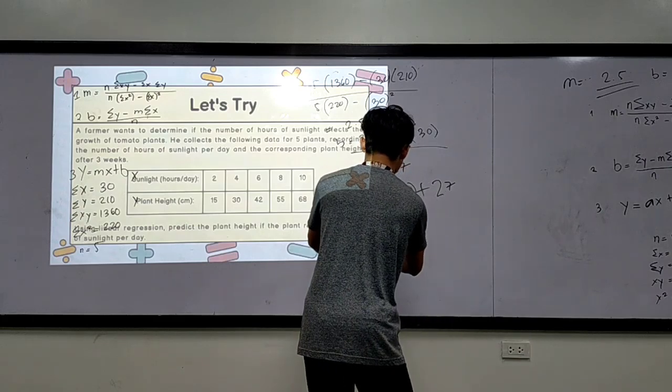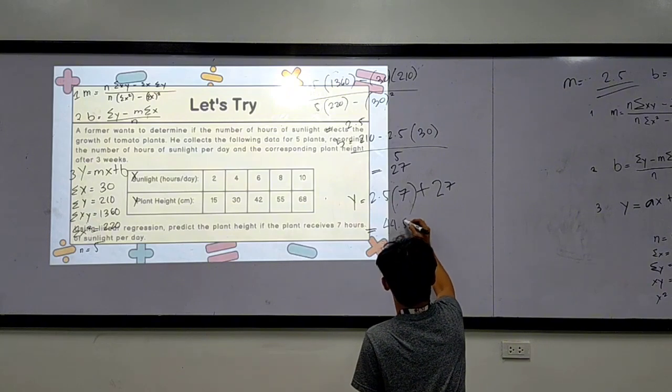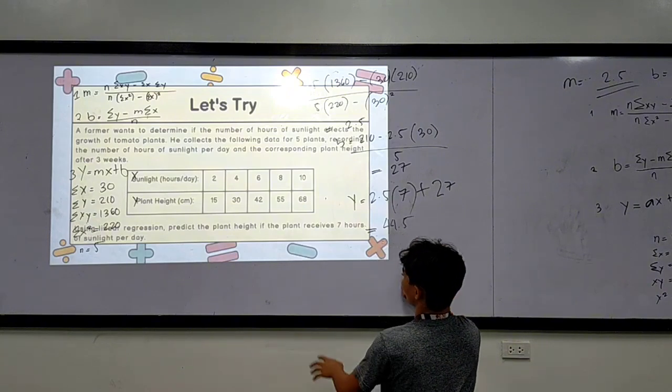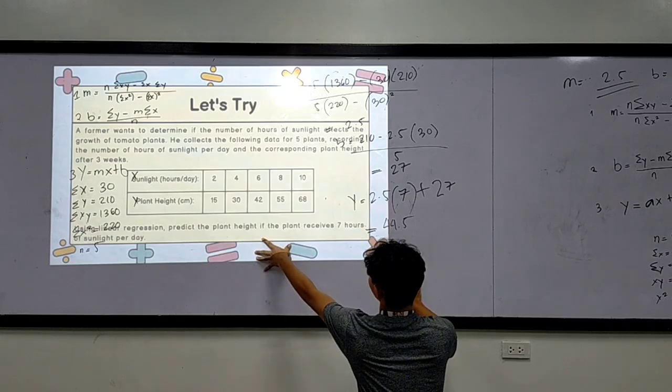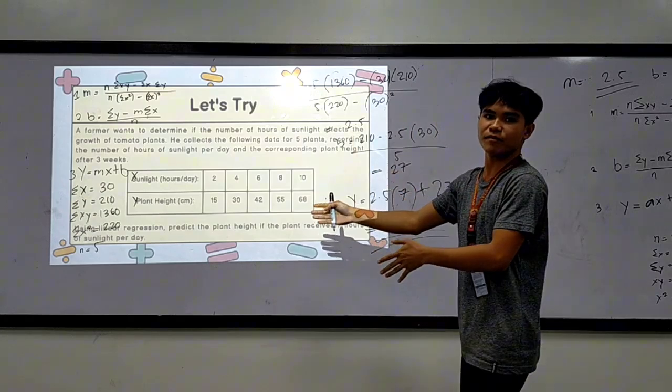The outcome of this one is 44.5. The question asks for the height of the plant, so 44.5. This is the answer for problem number 2.